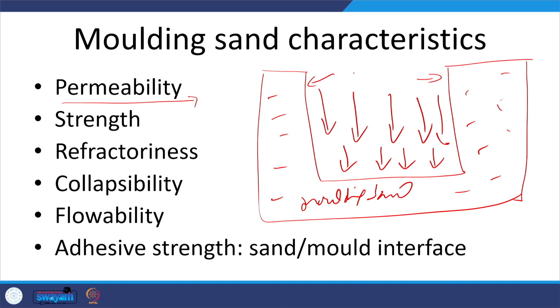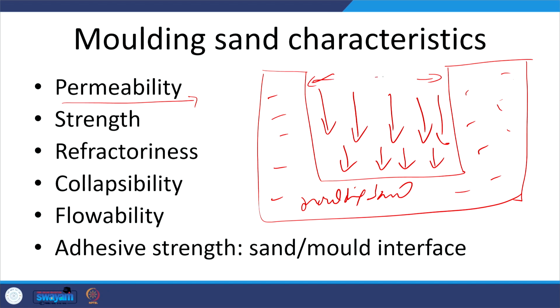So, the mold must be strong enough to take the weight of the molten metal without getting damaged in terms of size and shape. The mold walls may get pushed away under the metallostatic pressure, or may get eroded if the strength is low. So, we will talk about the multiple aspects here.